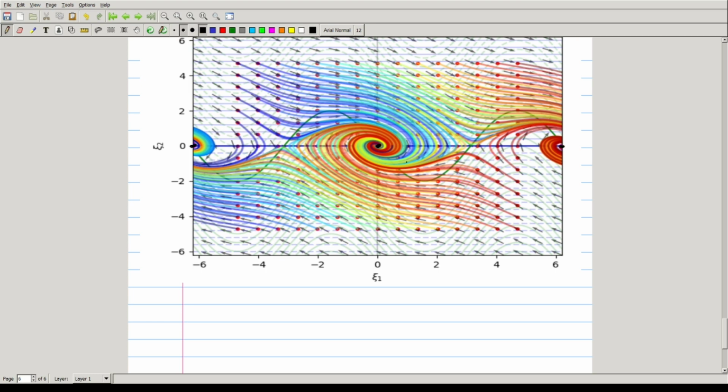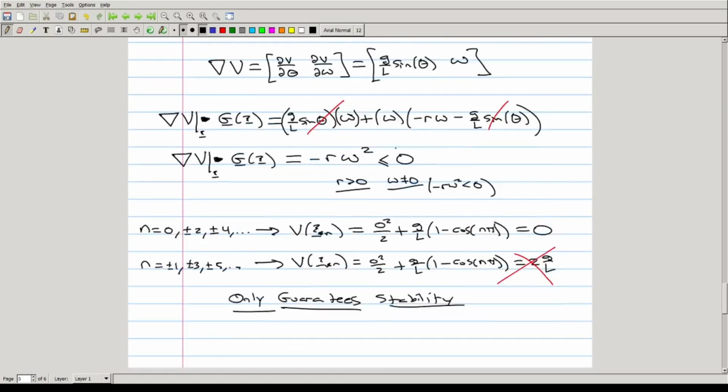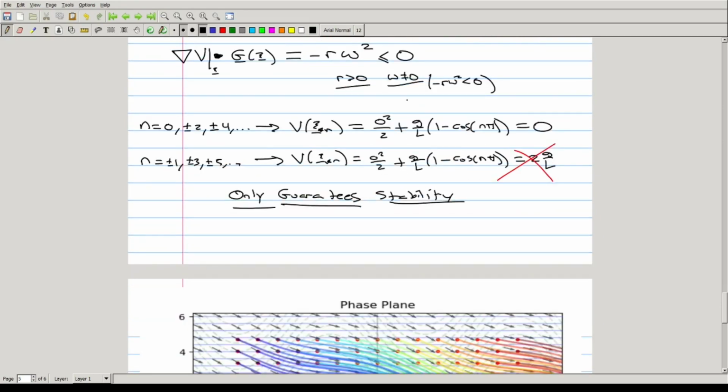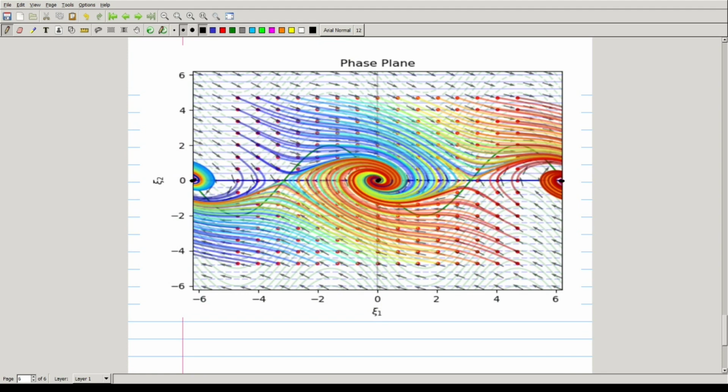So the problem here is that the Lyapunov function that we've chosen is 0 at these points when omega itself is equal to 0. And we want to get the result of asymptotic stability here. So we'll see how to deal with this a little bit later on in the lecture.